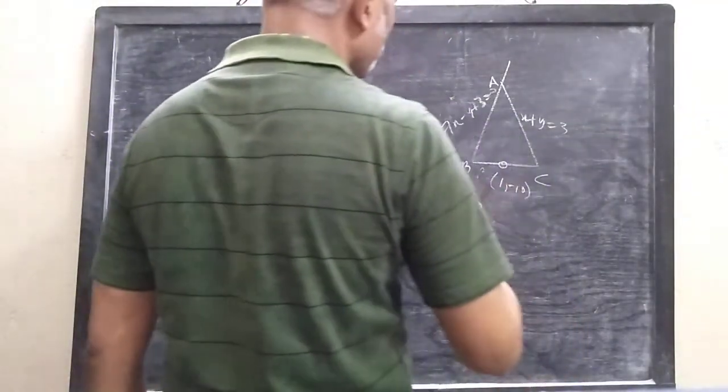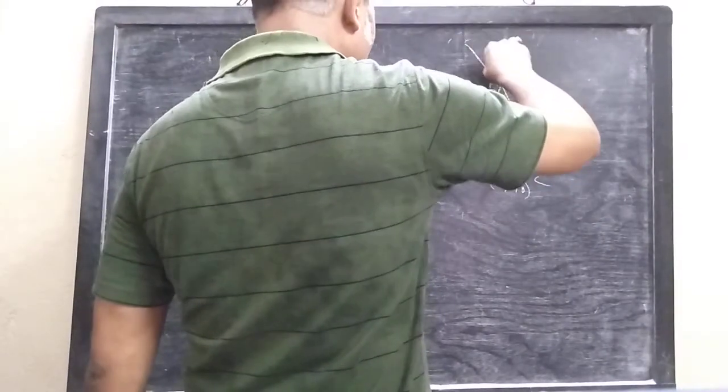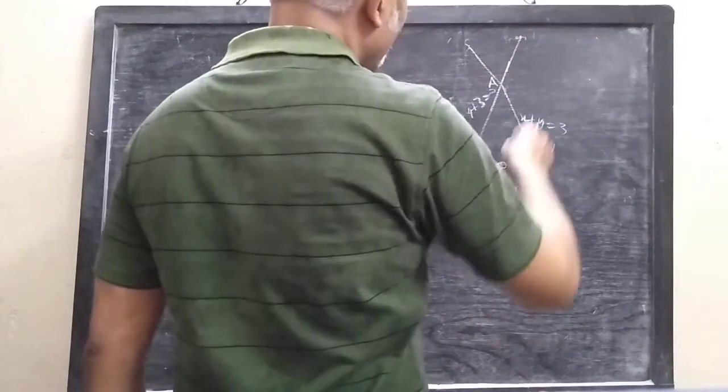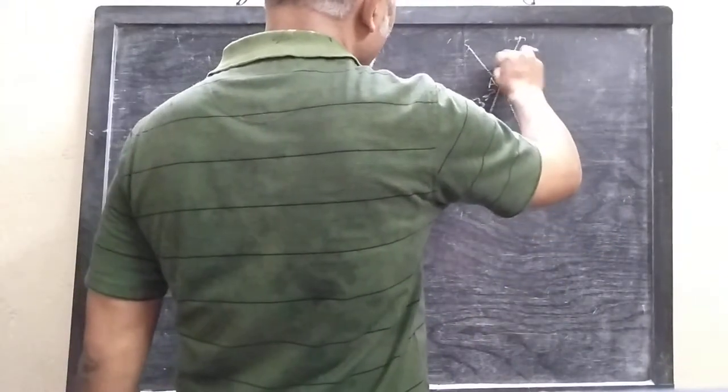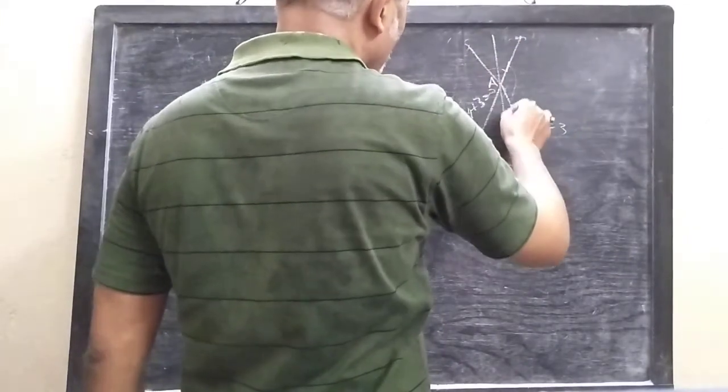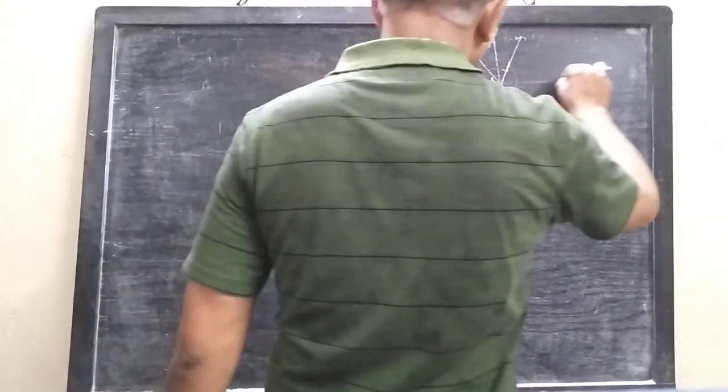Now, if we consider these two straight lines in this way, then there are two angles between them, this and this. So this is one angle bisector, this is another angle bisector.